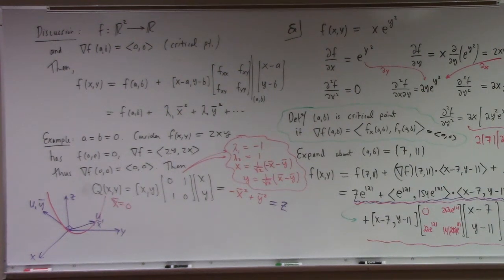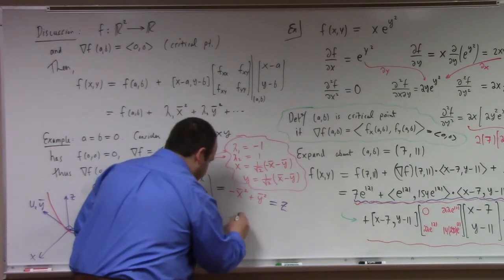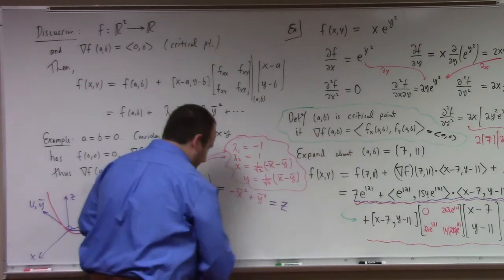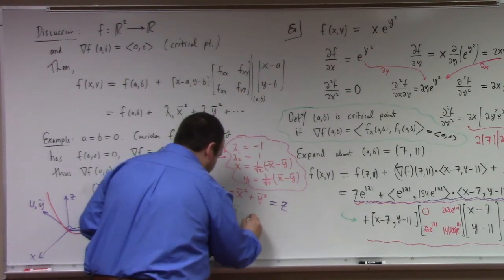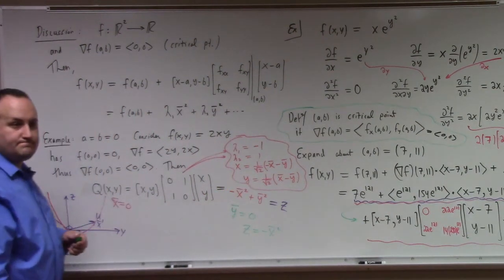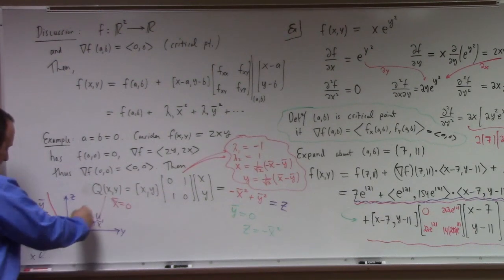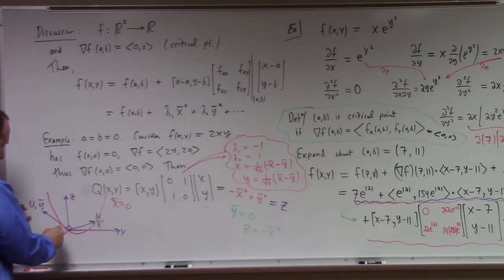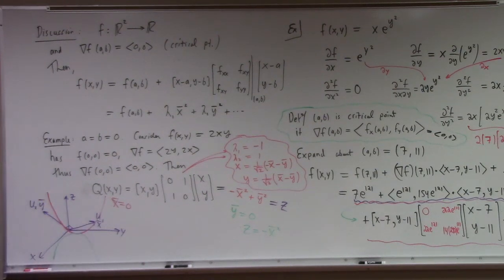If we put y-bar equal to 0, we get z equals minus x-bar squared, right? So in other words, along the x-bar, we go down like that.